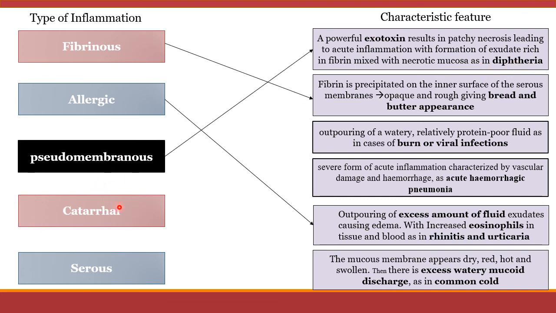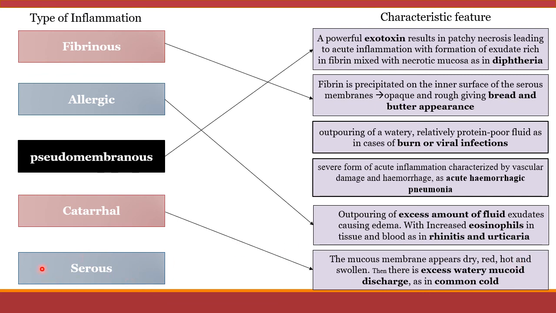Next, we have catarrhal inflammation. What is unique for catarrhal inflammation? Yes, it's happening when the mucous membranes appear red, hot, and swollen. Then we have excess watery mucoid discharge because of irritation to the mucous epithelial cells, and it is common in common cold.